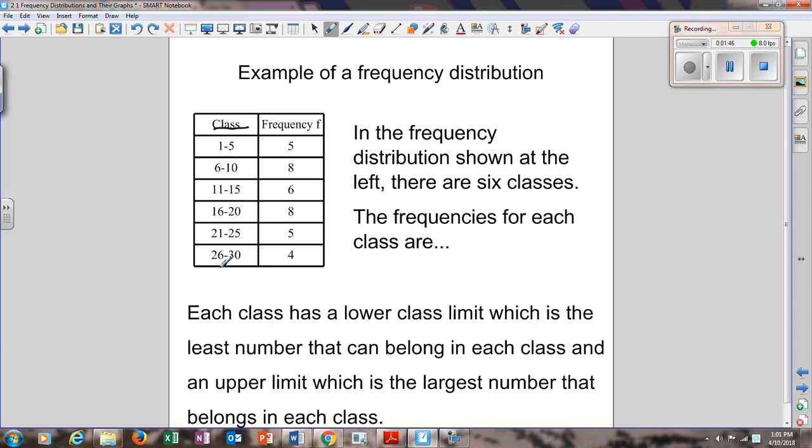They're all 5 different numbers. So frequency f is the number of times that it falls within the category. And so for the class 1 to 5, there are 5 different times that it falls within that 1 to 5 range. For 6 to 10, it's 8 different data points that fall within the 6 to 10 range.